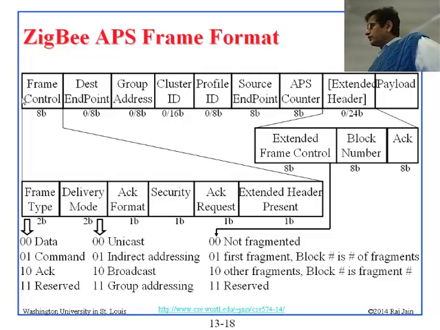So when there is no more. So this is the same way, not fragmented, that is basically the beginning and the end. Otherwise, this is the first and this is the intermediate one. Block number would be, if it is fragmented, then you tell them what fragment it is and the acknowledgement for what block.